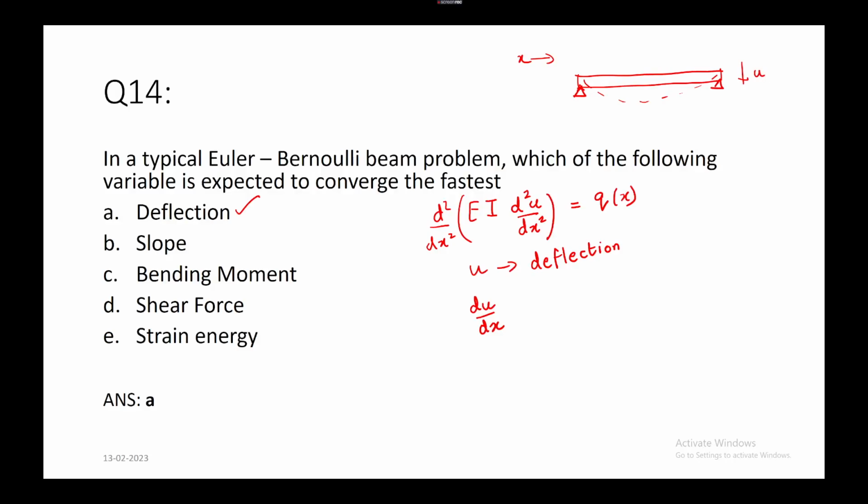So what is du by dx? Rate of change of direction. Yes, rate of change of deflection. So in these 5 options, what could be the thing that matches with the rate of change of deflection with respect to x? Instantaneous.